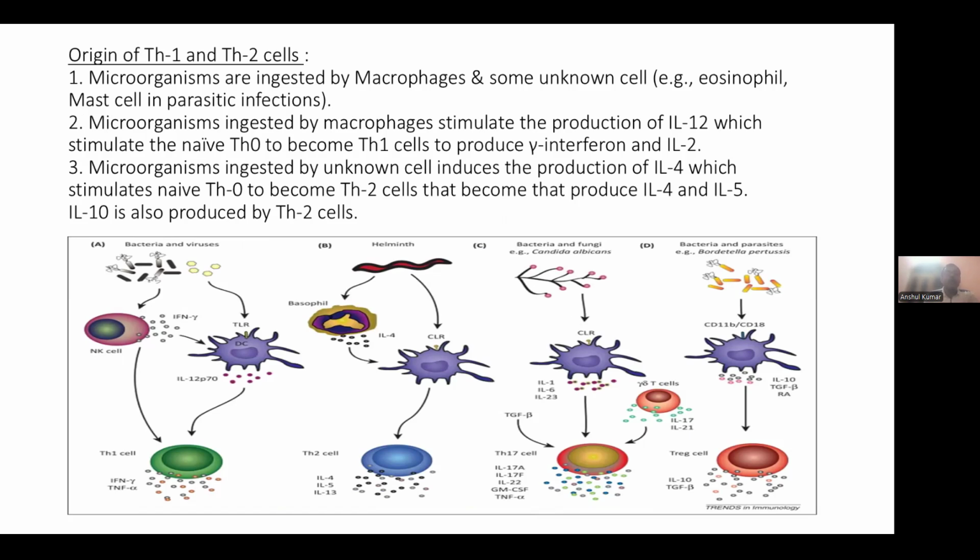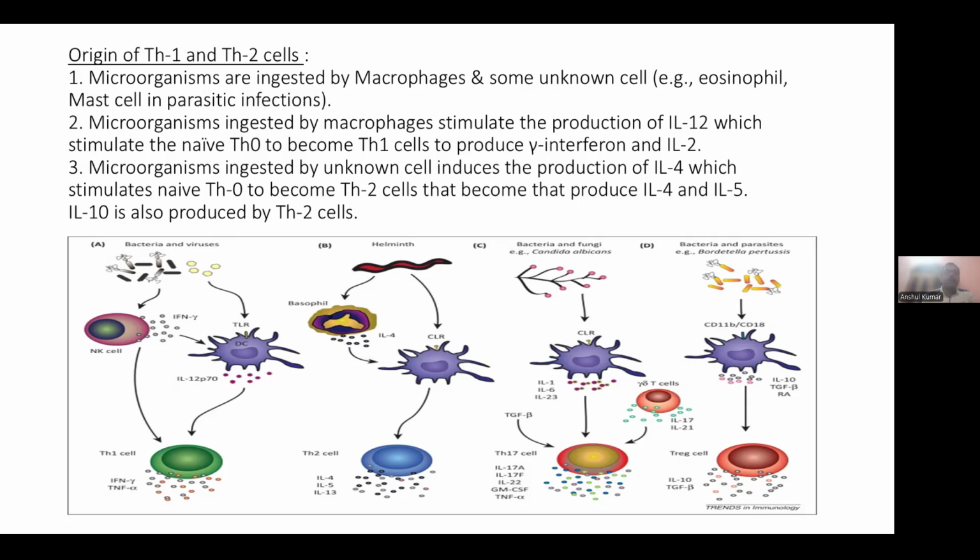Microorganisms are ingested by macrophages and some unknown cells, for example eosinophils and mast cells in parasitic infections. Microorganisms ingested by macrophages stimulate production of interleukin 12, which stimulates the naive Th0 to become T helper 1 cells to produce gamma interferon and interleukin 2.